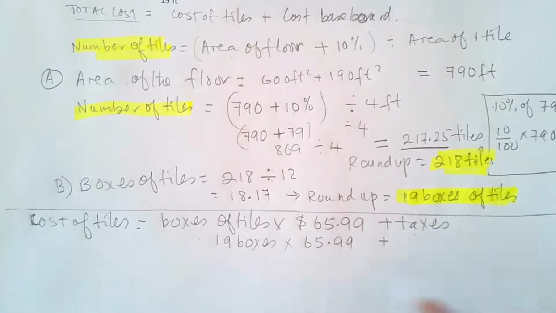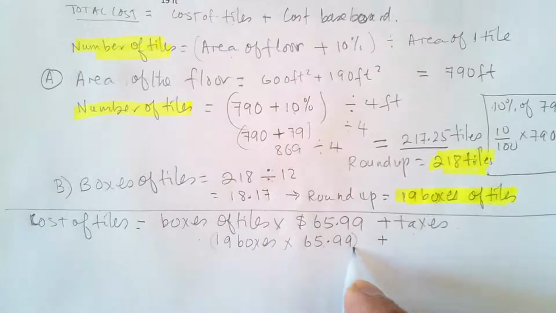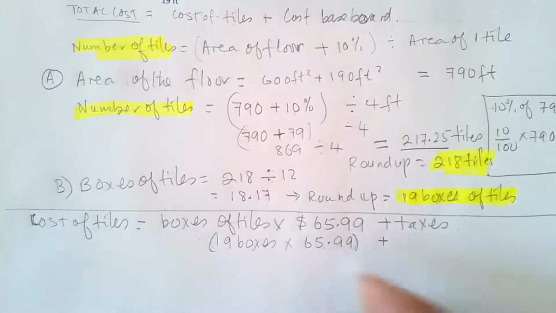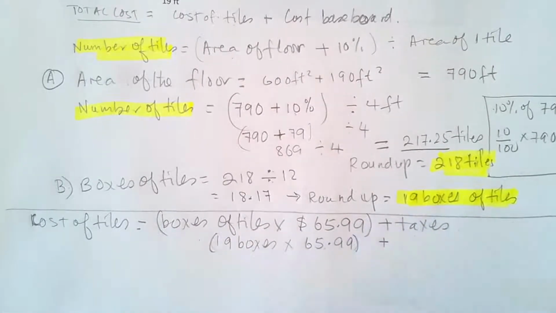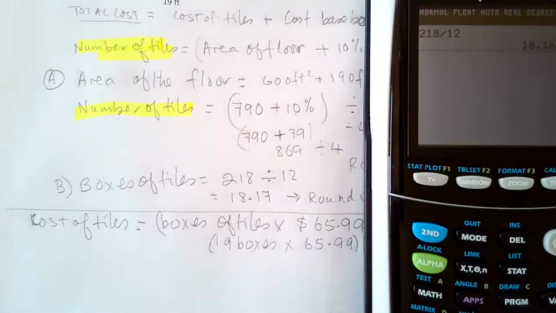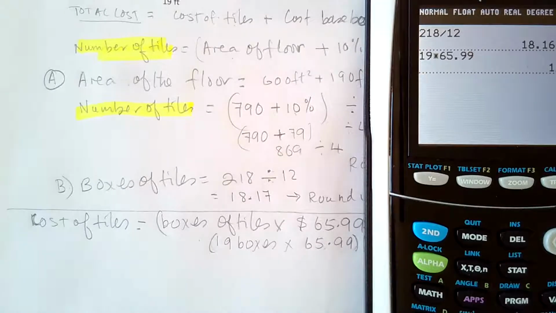Your taxes now are going to be the cost plus your taxes. So let's work these together first. So 19 times $65.99 will be, add to our calculator, 19 times 65.99, 1253.81.